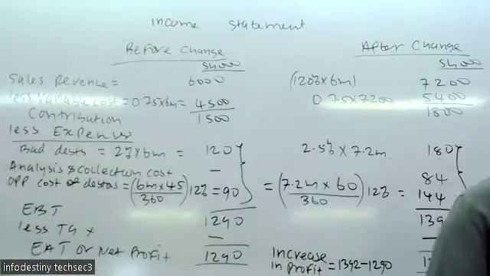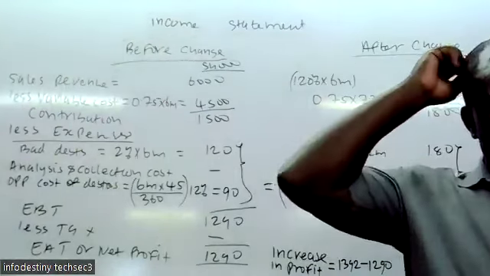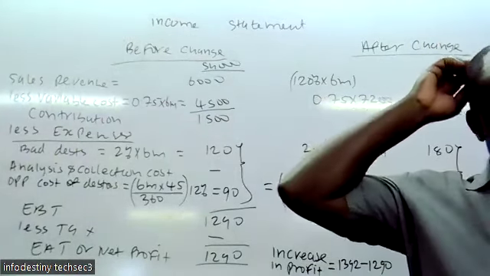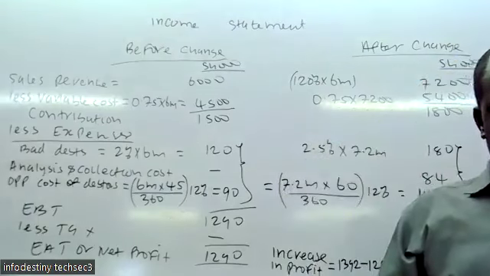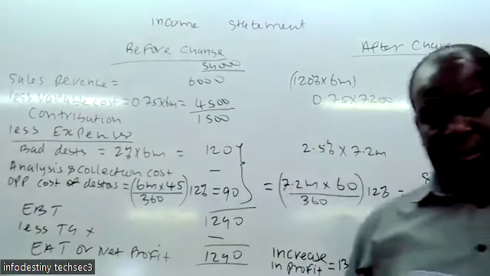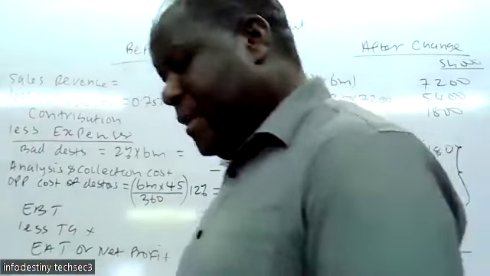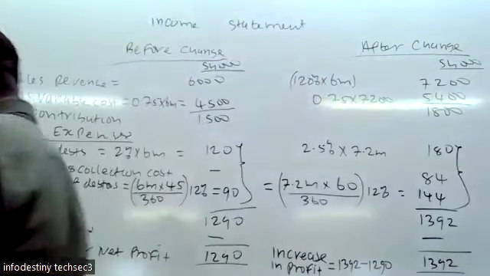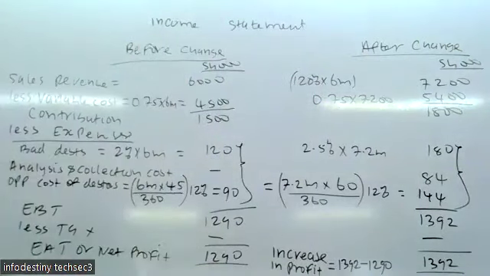A new credit assistant officer will also have to be employed at a salary of 500,000 shillings per annum. If there is a change in the firm's credit policy, it is expected that 60% of the credit customers will benefit from the cash discount offer.